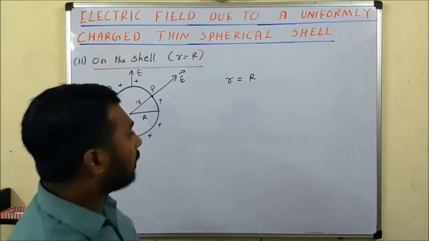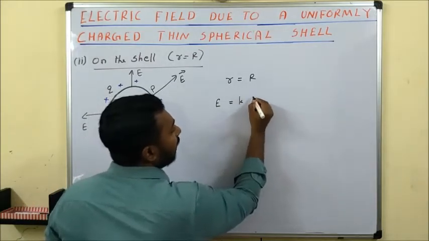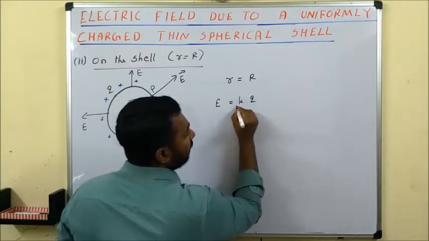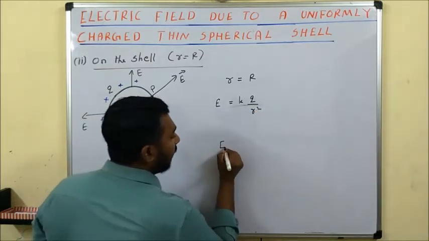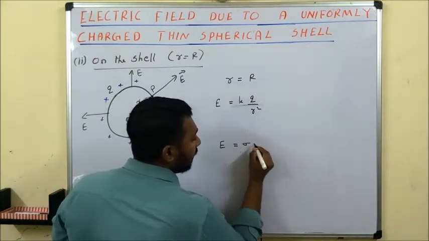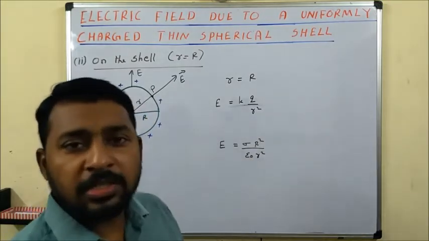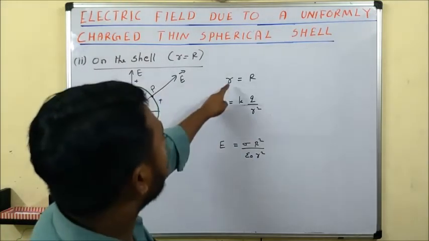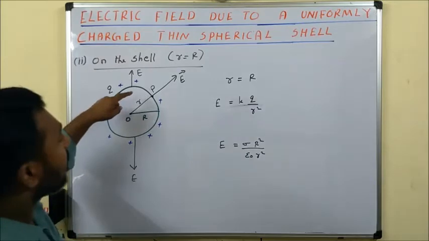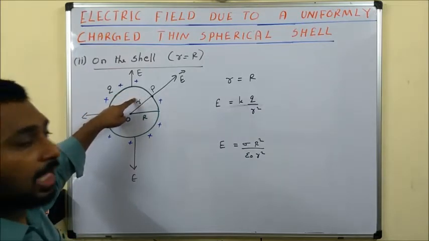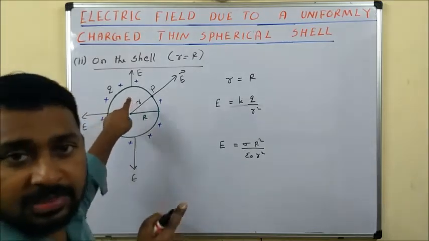We have already derived the formula for the electric field outside, that is KQ divided by r square. And also we have derived the other formula, E is equal to sigma R square divided by epsilon naught r square. So no need for derivation, you can simply substitute the value of small r. When you substitute, small r becomes capital R in this case, because the radius of the shell and the radius of the Gaussian surface are the same.